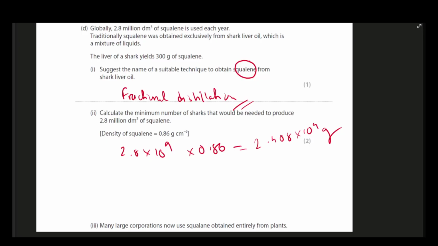Now if you want to calculate the number of sharks, all you do is divide this mass by the yield of one shark. We know the liver of a shark yields 300 grams.